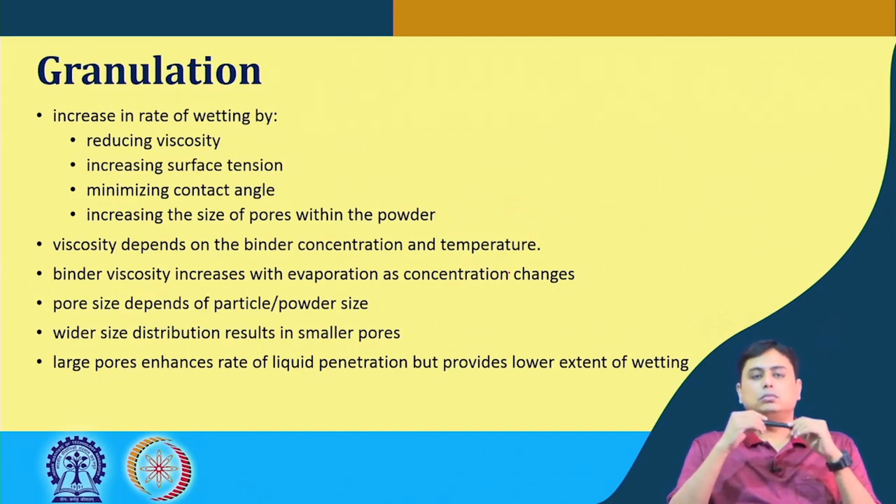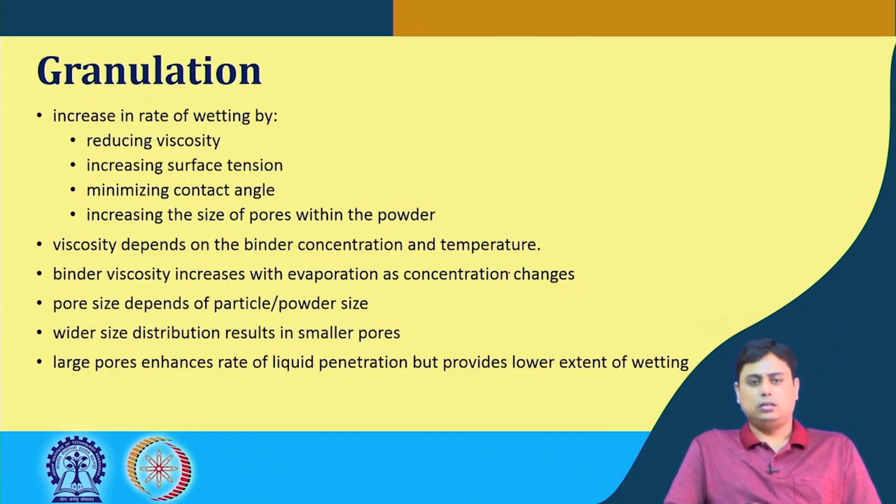Now, we would like to have increased wetting, because we have mentioned that improved wetting is beneficial. The increase in the rate of wetting can be achieved in several ways. One is by reducing the viscosity of the droplet or the liquid phase, because highly viscous liquids are difficult to flow or spread over the particle surfaces. So, it has been seen that if you reduce the viscosity, the rate of wetting increases.